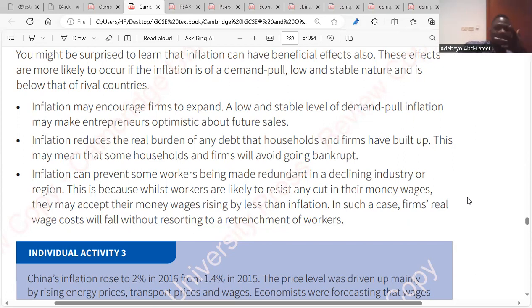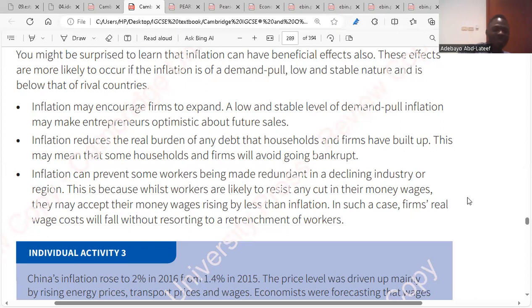When there's high inflation, prices are high, you won't think about borrowing to buy things. You'd say, I don't want to borrow anymore, let the prices fall before I start borrowing again. So one way or the other, you are going away from debts. That is what inflation will do, which is good.